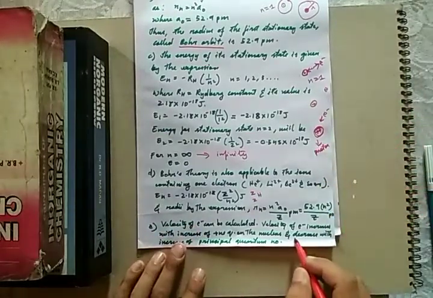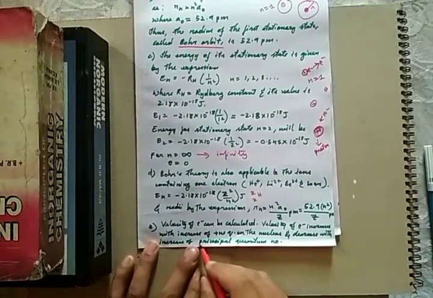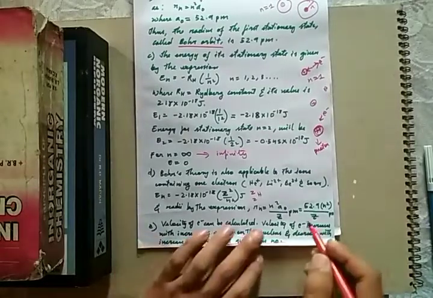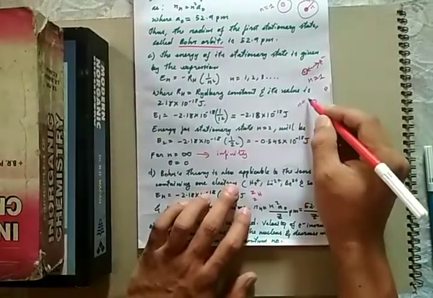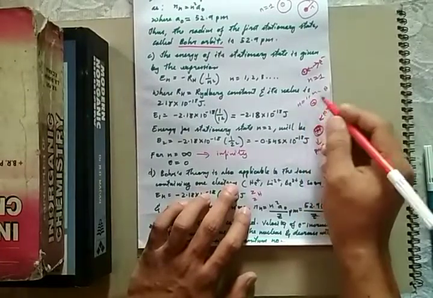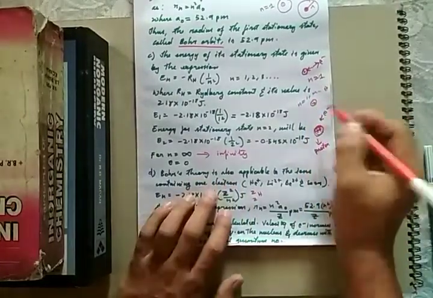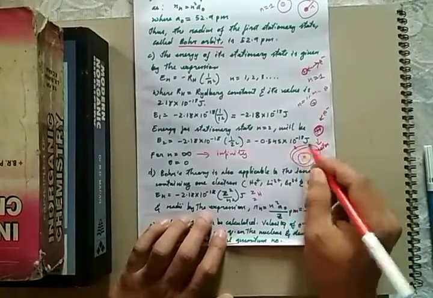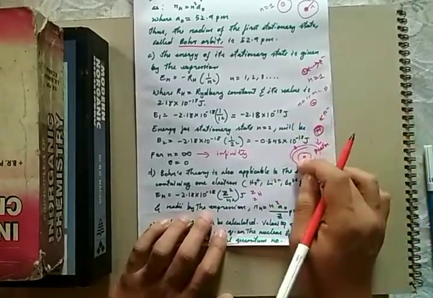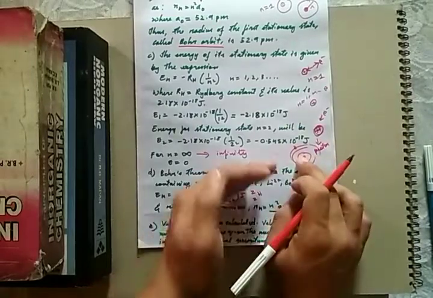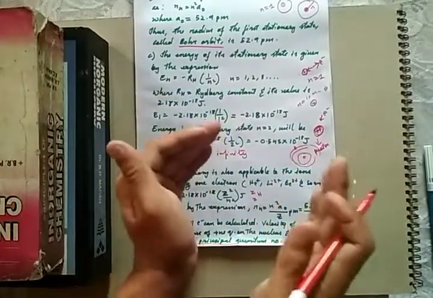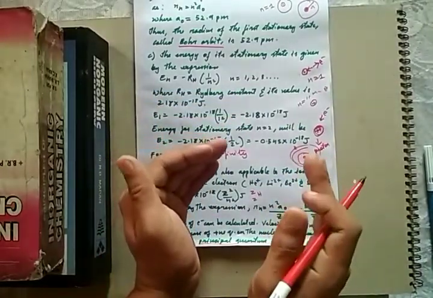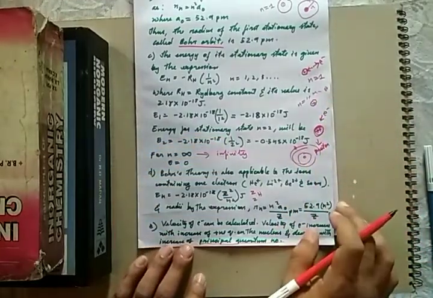And velocity decreases with increase of principal quantum number. Principal quantum number means n, 1, 2, 3, which means the number of the shell. As the shell number increases, the electron moves farther away from the nucleus. So there will be less attractive force, and therefore velocity will decrease.